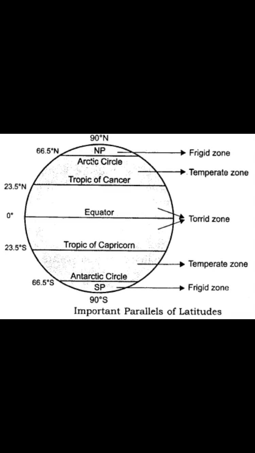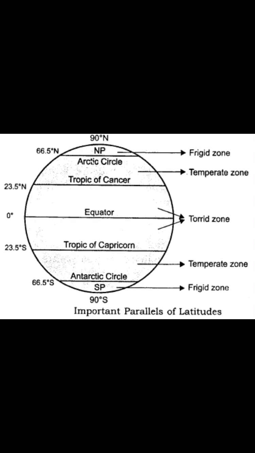Now let us see. The latitudes to the north of the equator are marked as N, and whatever latitudes are located in the south are all marked as S. For example, North Pole latitude is 90 degree N and the latitude of the South Pole is 90 degree S. You can see on the top and the bottom.